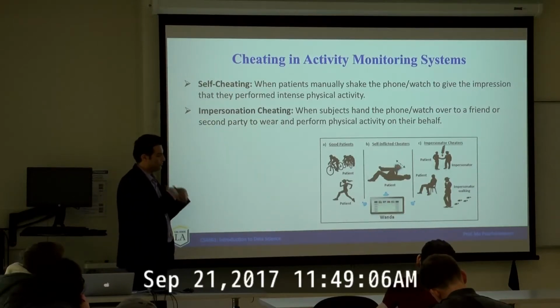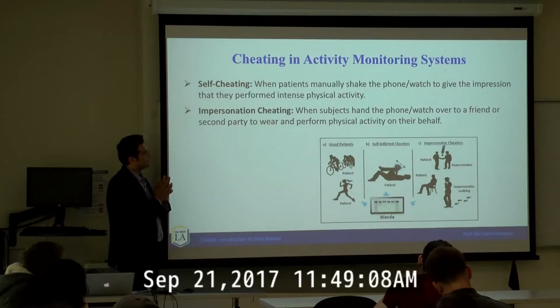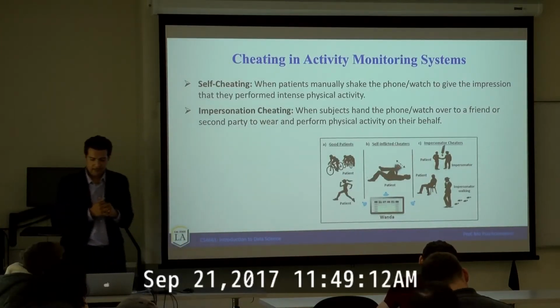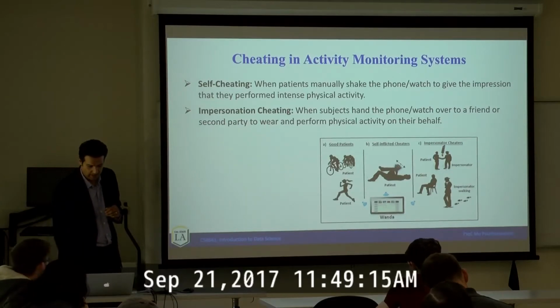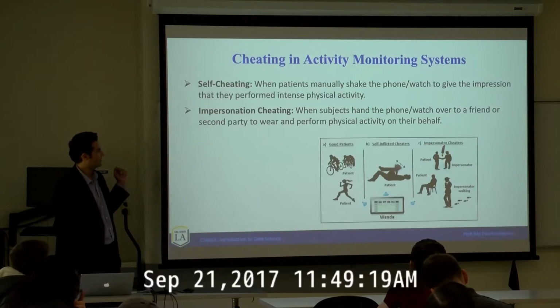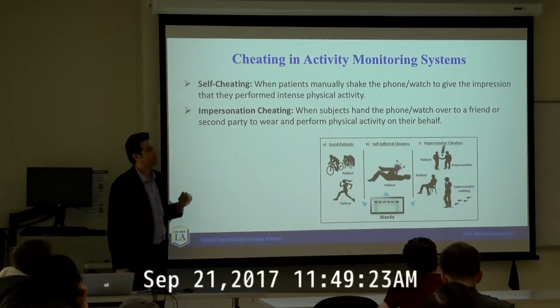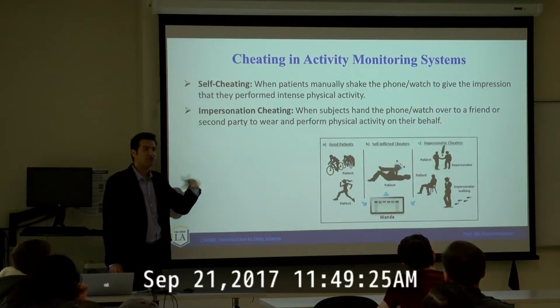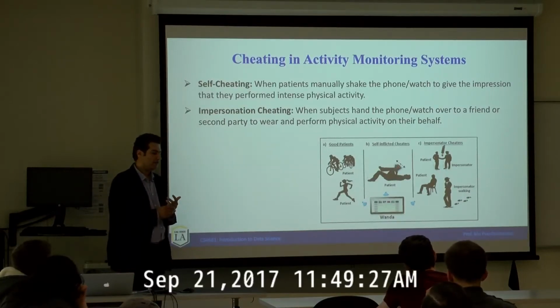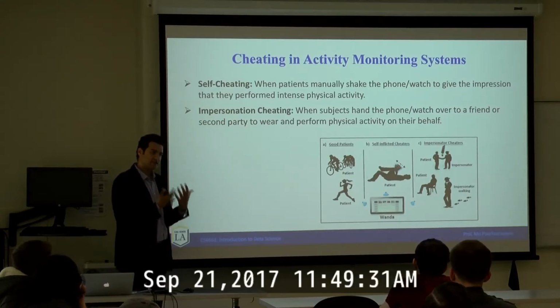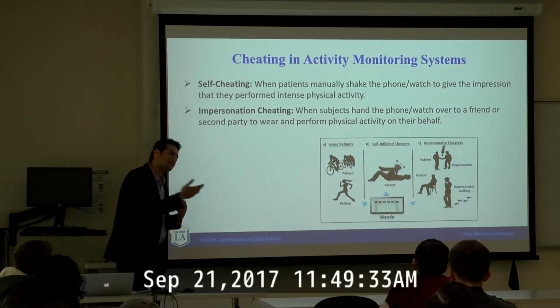So we decided to design a system that detects these two types of cheating. And we did. First of all, this is based on machine learning, again, data analytics. We are able to detect self-cheating versus just randomly shaking your hand, because running or walking, this type of activity has a pattern.